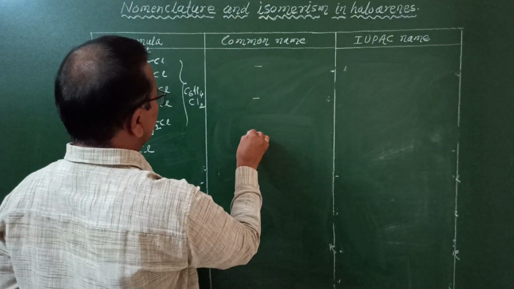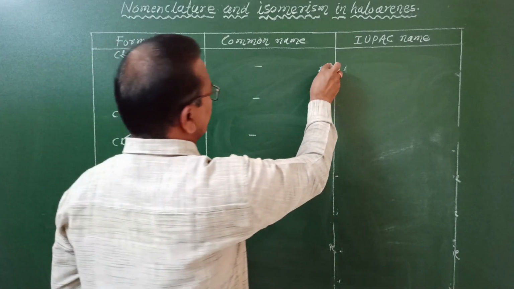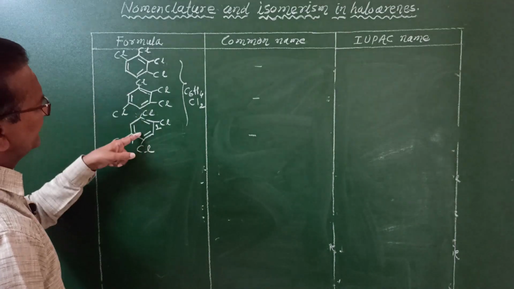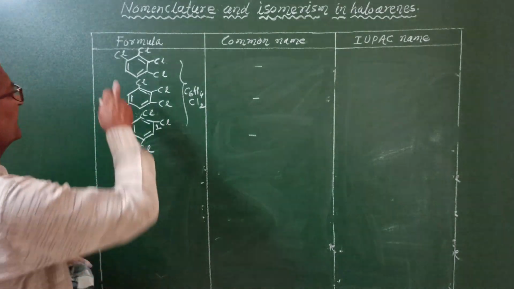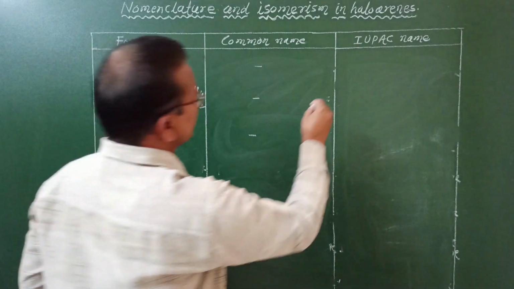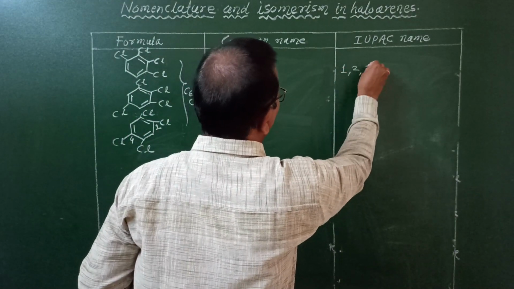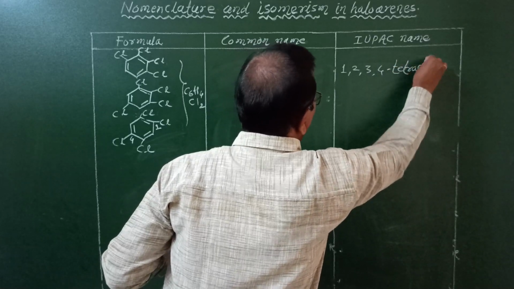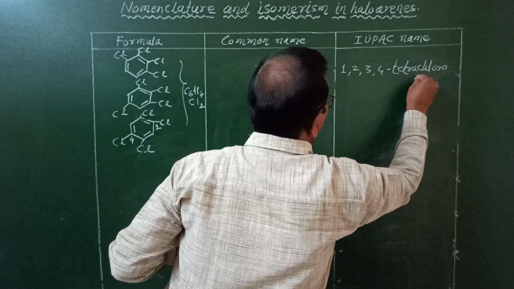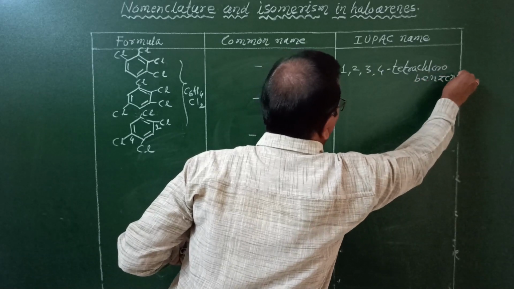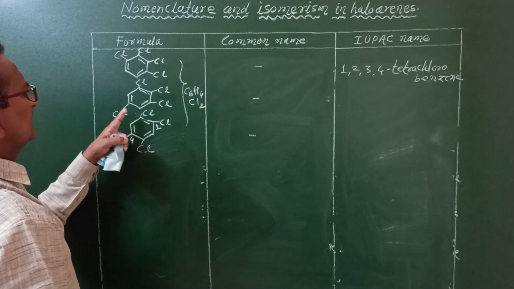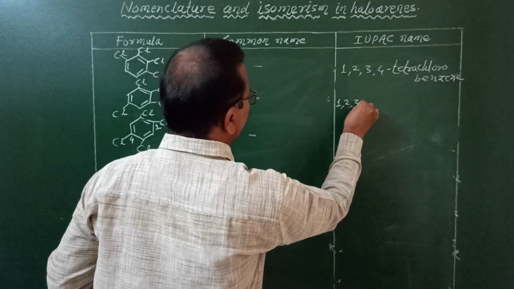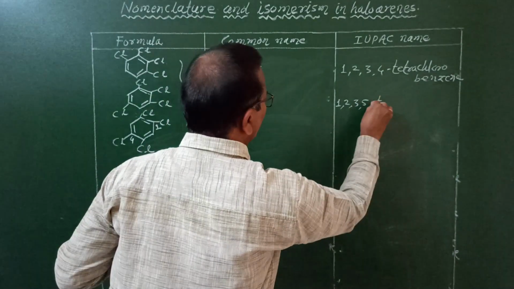The common names of these compounds are not so important. That's why we'll identify these compounds by their IUPAC name system. First one is 1,2,3,4-tetrachlorobenzene. Let us see the next one: 1,2,3,5-tetrachlorobenzene.